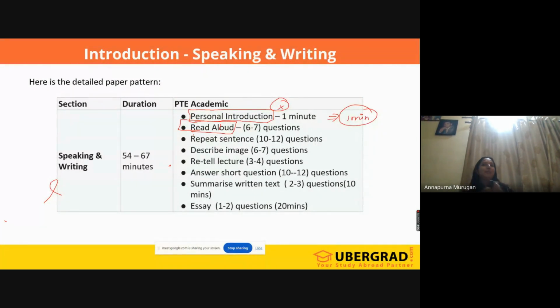Students who have not taken any class and are not aware of these things go there and mistake Read Aloud, and keep speaking very loudly. They think that the louder you speak, the more score you will get. Basically it is not like that.